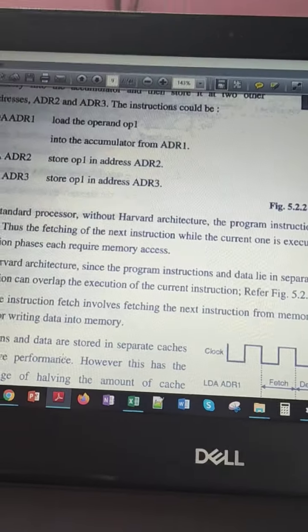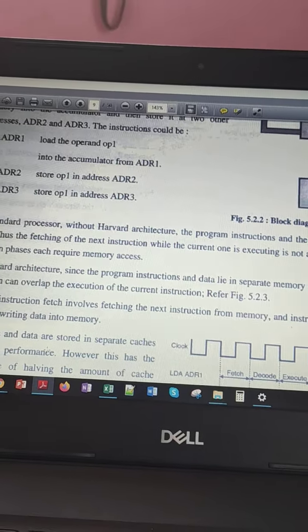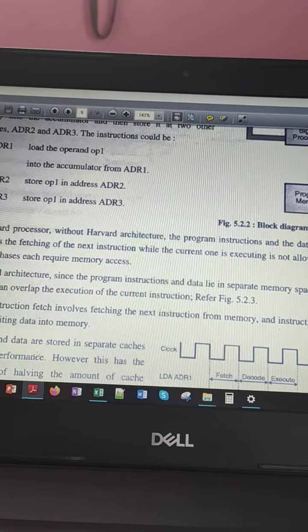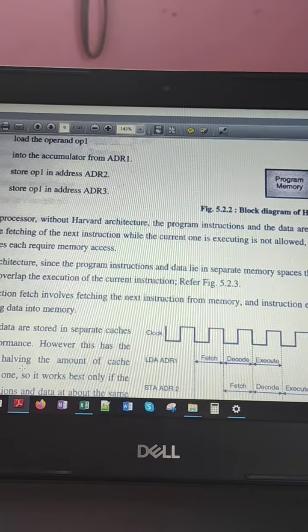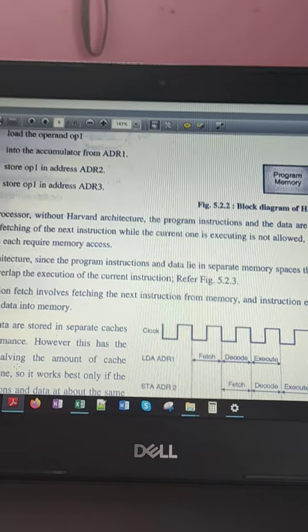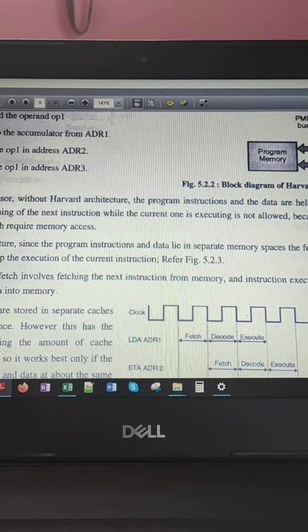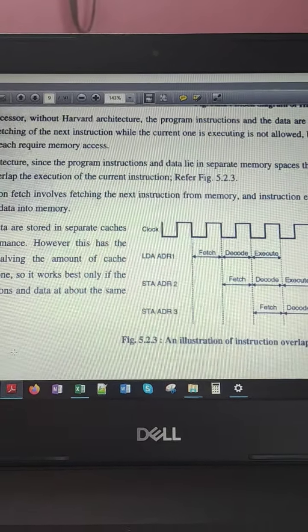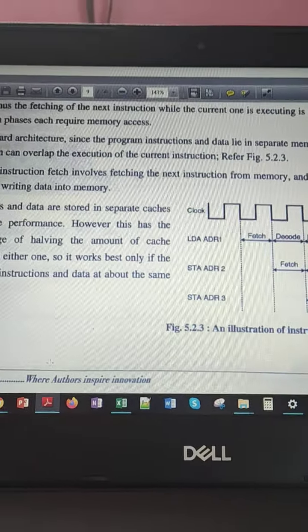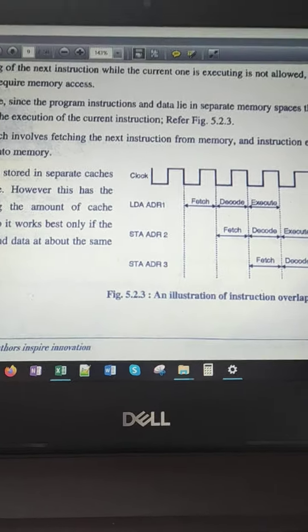Since in Harvard architecture program instruction and data lie in separate memory spaces, the fetching of the next instruction can overlap the execution of the current instruction. Thus instruction fetch involves fetching the next instruction from memory, and instruction execute involves reading and writing data from memory.